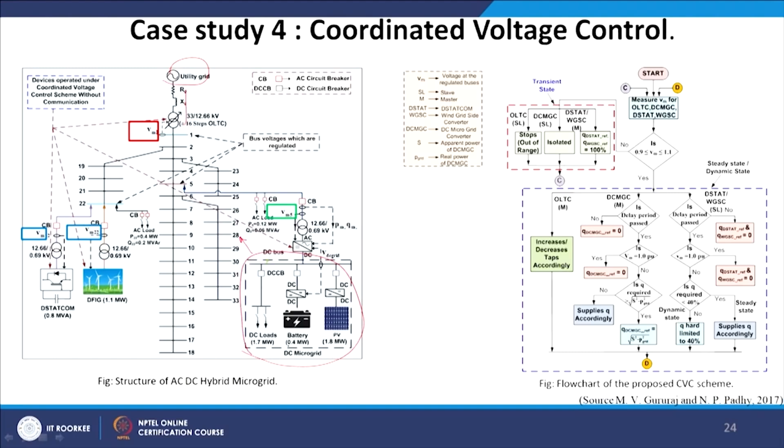The DC microgrid has 1.7 megawatt of load, 0.4 megawatt of battery and 1.8 megawatt of PV, which is at the simulator level, but they have been scaled down 1000 times to realize in the laboratory scale.